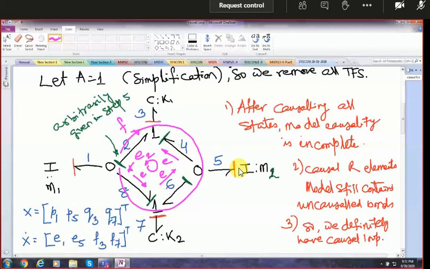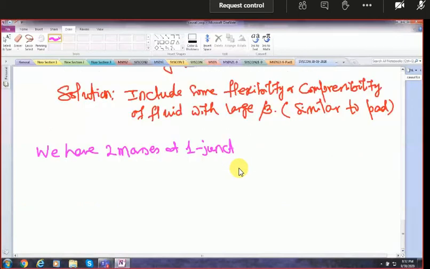So we saw we have got 2 masses. Masses at one junction, two springs at zero junction.